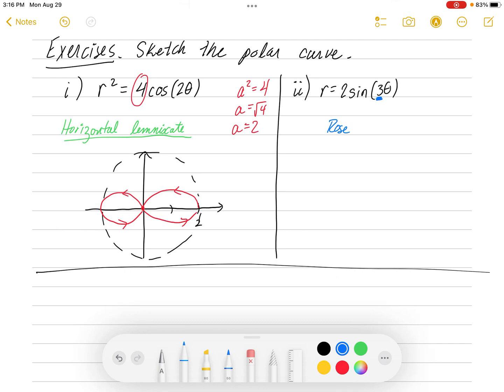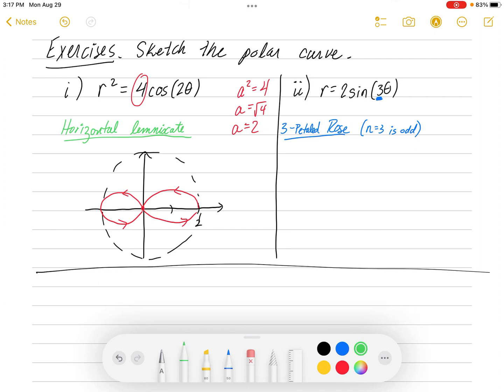And since n here is odd, n equals 3, remember, when you have an odd number there, you're going to have that same number of petals. You have n equals 3 petals. This is a 3 petaled rose. You take n equals 3, and you don't double it. You only double it when that number is even. Since n equals 3 is odd, you just keep that number, so a 3 petal rose.